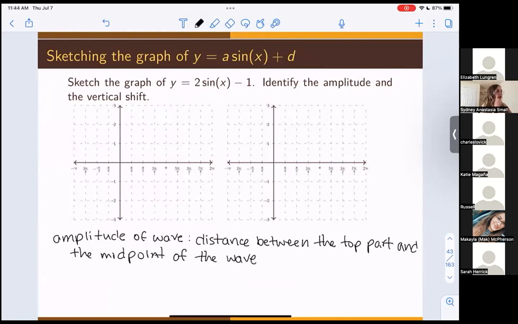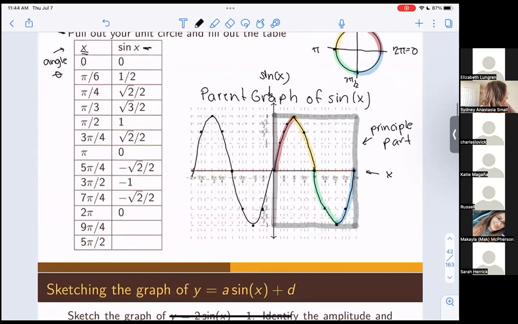So for the basic sine graph, here would be the top point right here, and here is the midpoint it intersects. So it goes from 0 to 1, therefore the amplitude of the parent graph of sine x is 1.